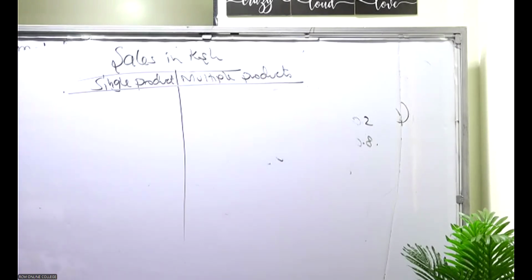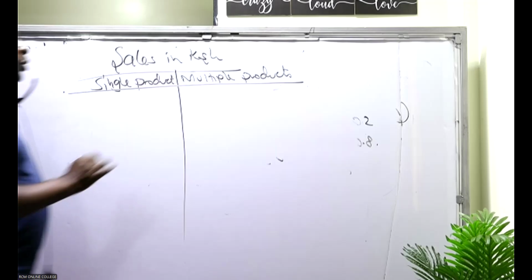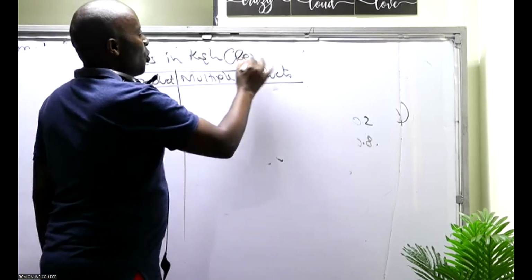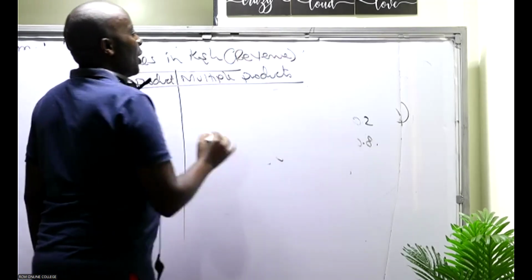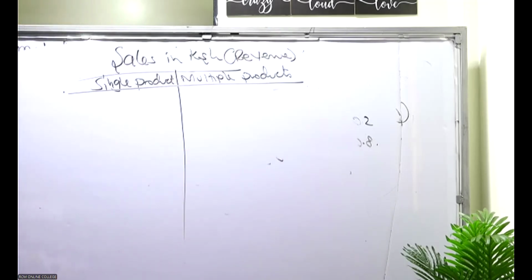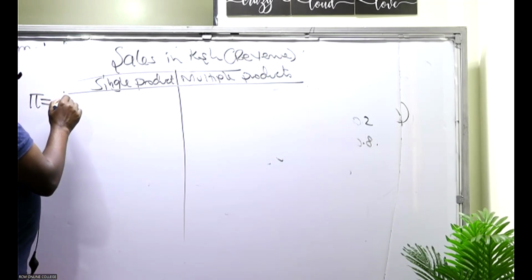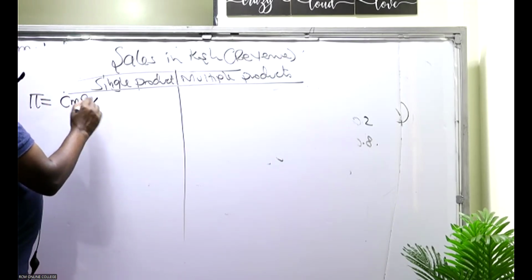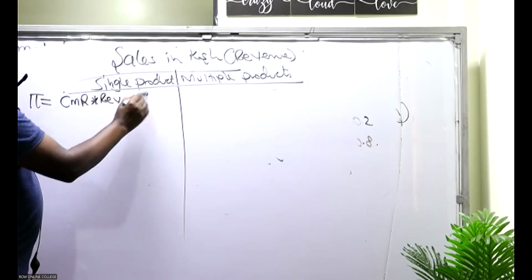Now we have sales not in units, not X, but in Kenya shillings, what we call revenue. So how do we get our profit whenever we have revenue? Profit here will be CMR times revenue minus fixed cost.